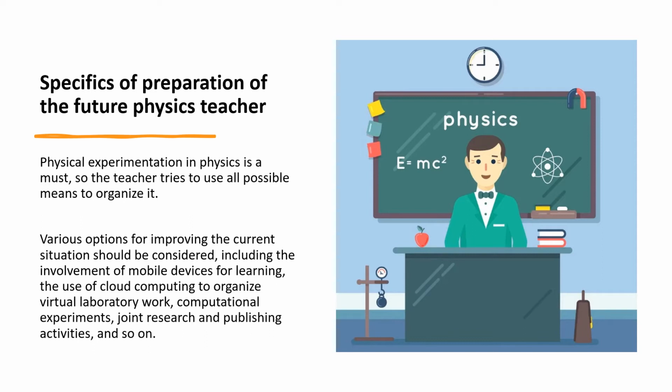Various options for improving the current situation should be considered, including the involvement of mobile devices for learning, the use of cloud computing to organize virtual laboratory work, computational experiments, joint research and publishing activities, and so on.